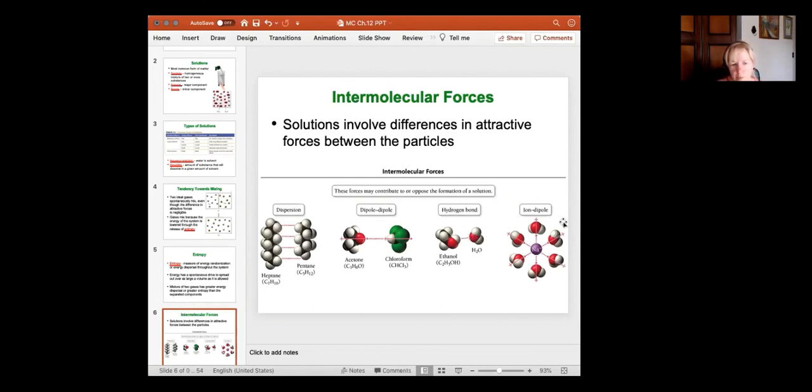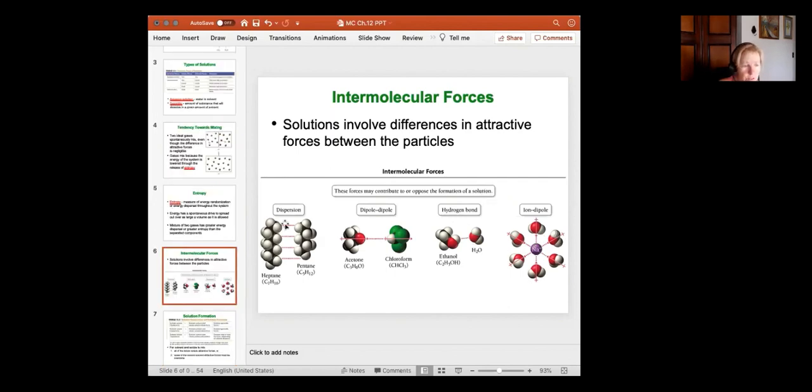And then at the pinnacle, or the highest, is ion-dipole. This is where you have aqueous ionic compounds. This is the intermolecular force that allows an ionic solid to be broken apart and solvated. So these are intermolecular forces. These are the forces we're going to have to overcome to form a solution, and these are the favorable forces that you gain when you form a solution.